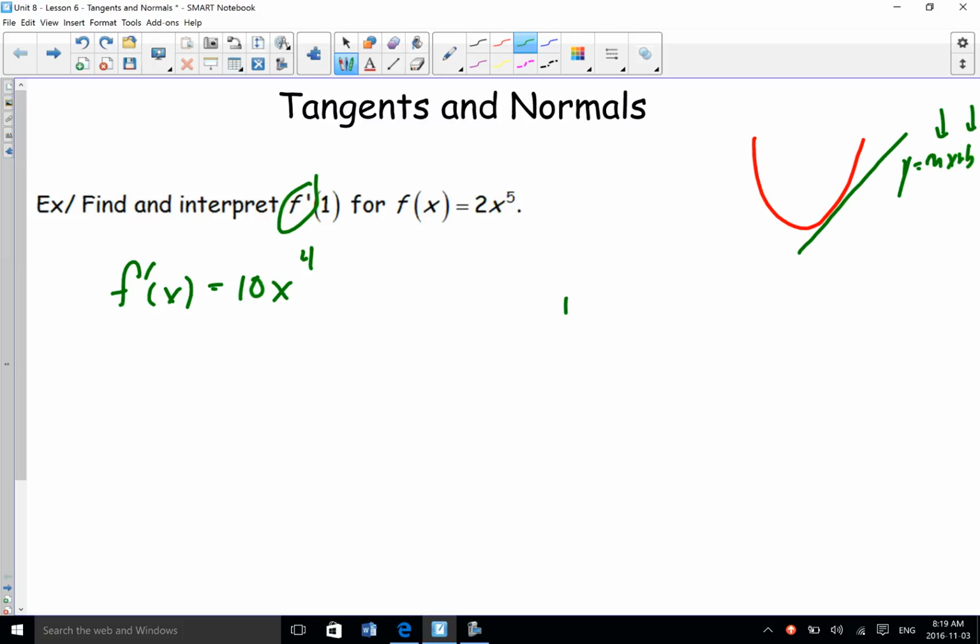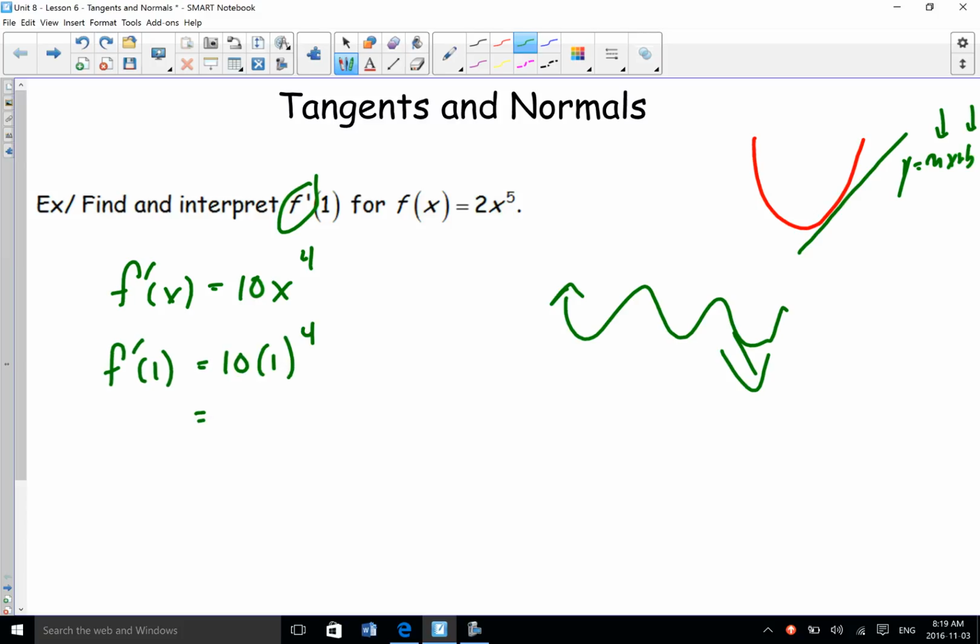This is a quintic, right? 1, 2, 3, 4, 5. And I want to know what's happening at 1. So to figure out what's happening at 1, I can substitute 1 in. 10 times 1 to the 4. And I can say at 1, maybe 1's right here, let's pretend, the steepness of the tangent is 10.